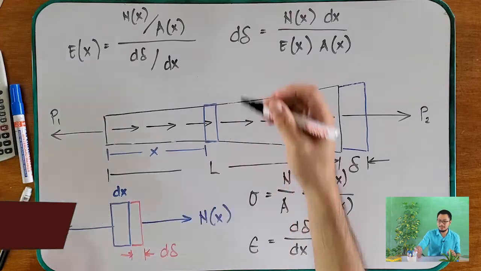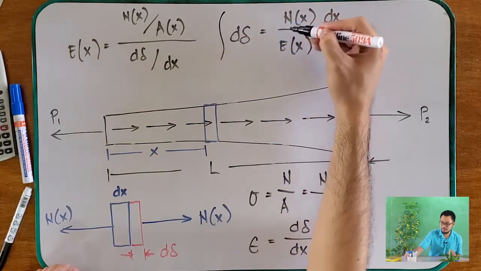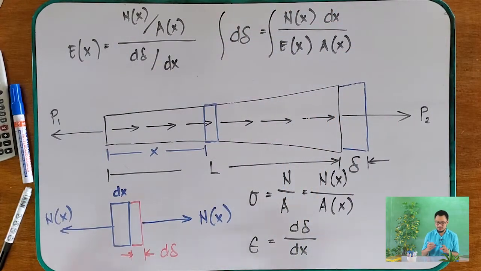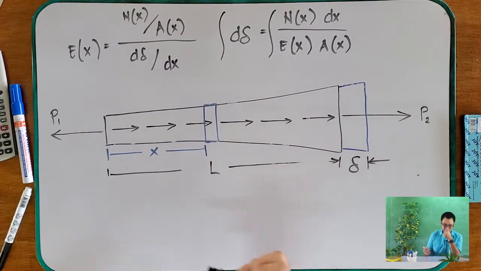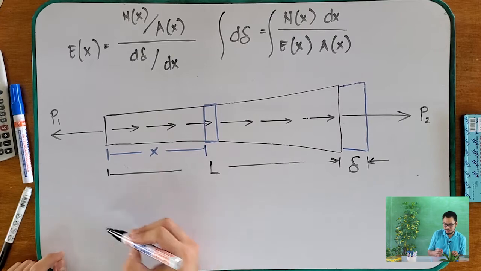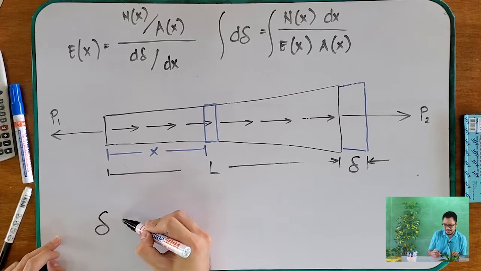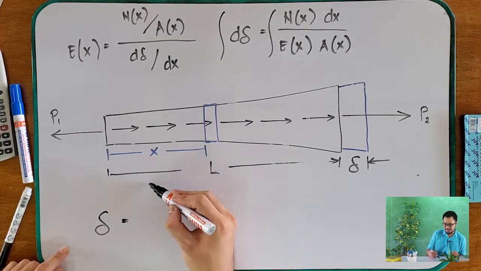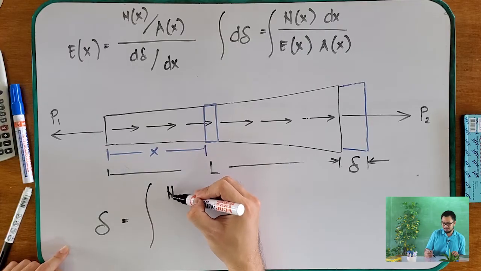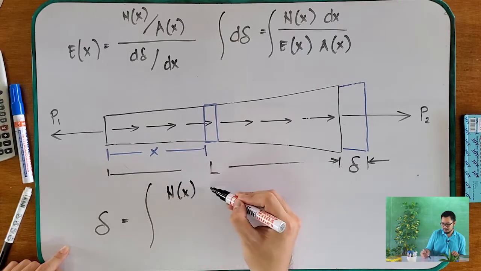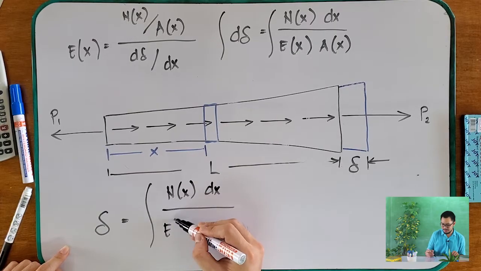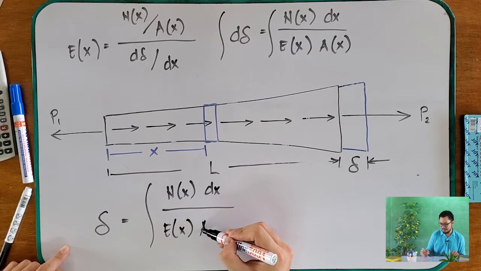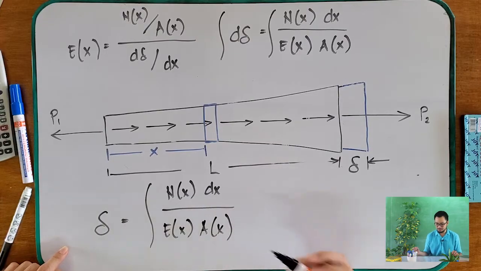What we do is just integrate. Okay? So, therefore, you have this equation in solving your deformation, your delta, as equal to the integral of N(x) dx over E(x) A(x).